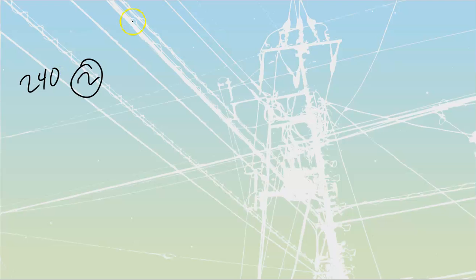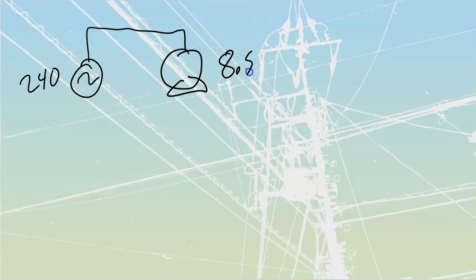We're told the real power, the true power of this load, is 8.5 kilowatts, and the current is 65 amps. So 240 volts, 65 amps. I'm going to put that right here at the source. We are to correct this to unity.